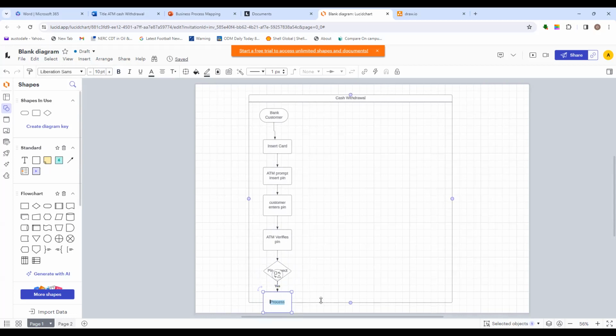ATM prompts different options, including cash withdrawal. I'm sure we know that. So let me just keep it here.